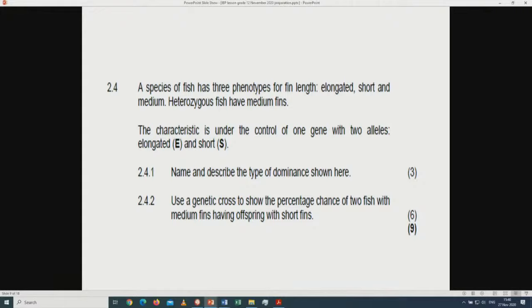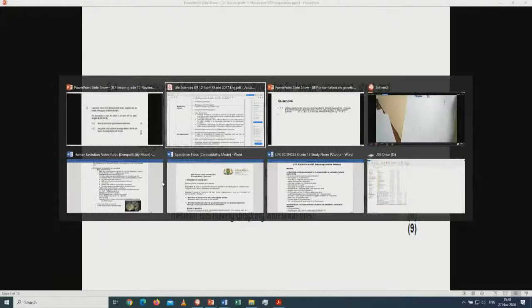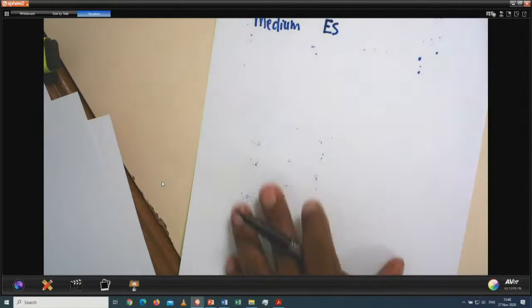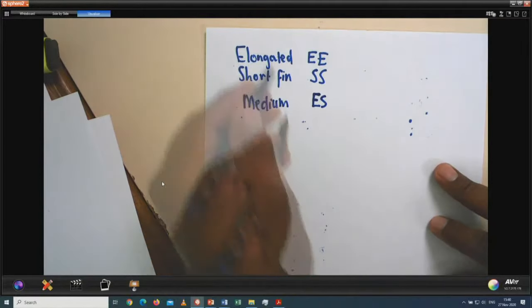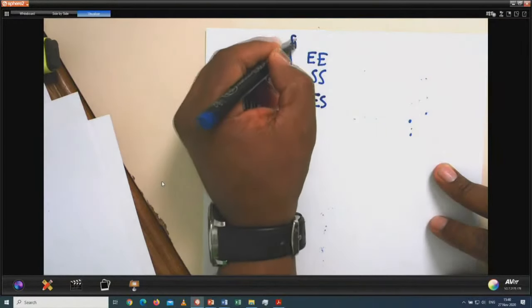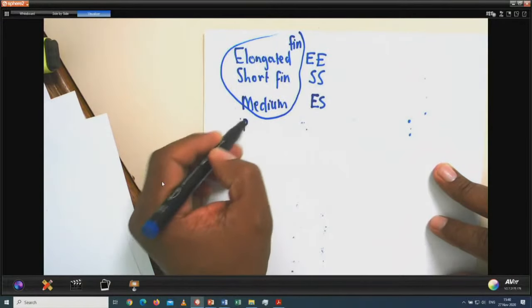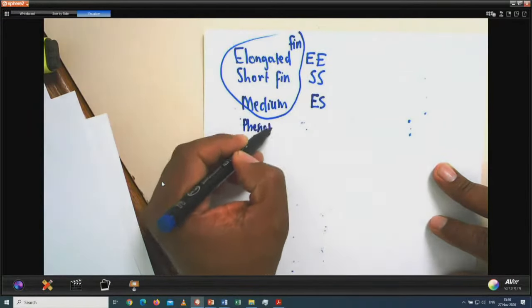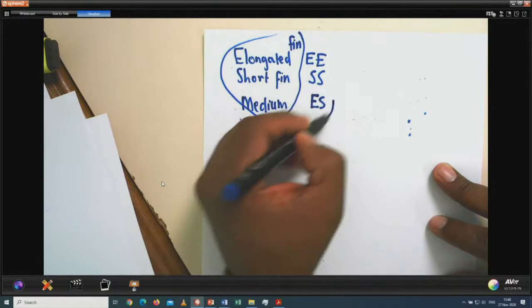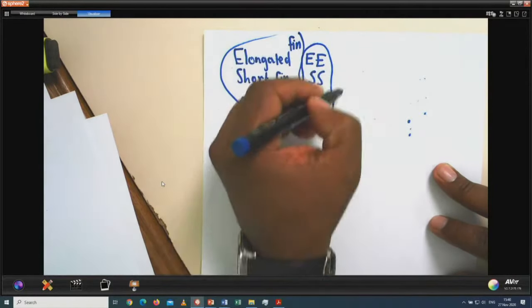The offspring that will have a medium fin will have one allele from each of the parents, so we'll have a genotype of ES. We will have elongated fin as the phenotype that we are given, and we need to determine the genotype.